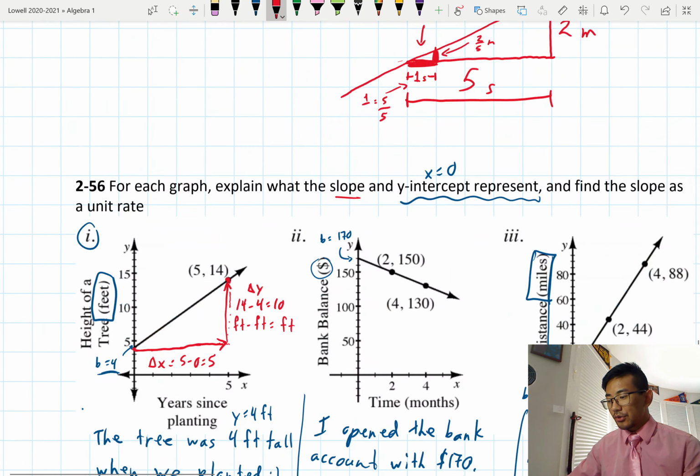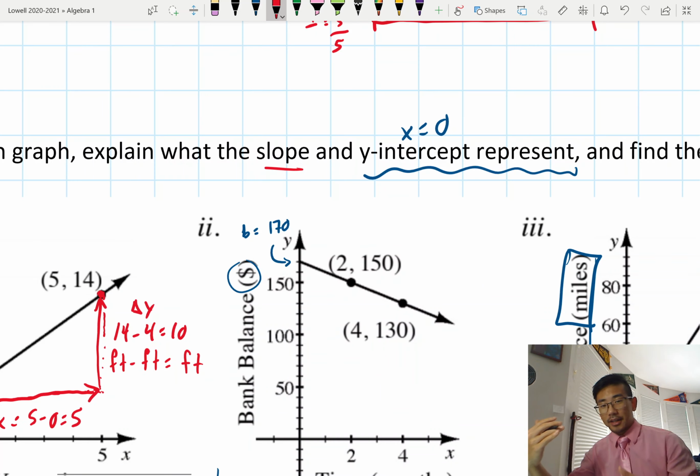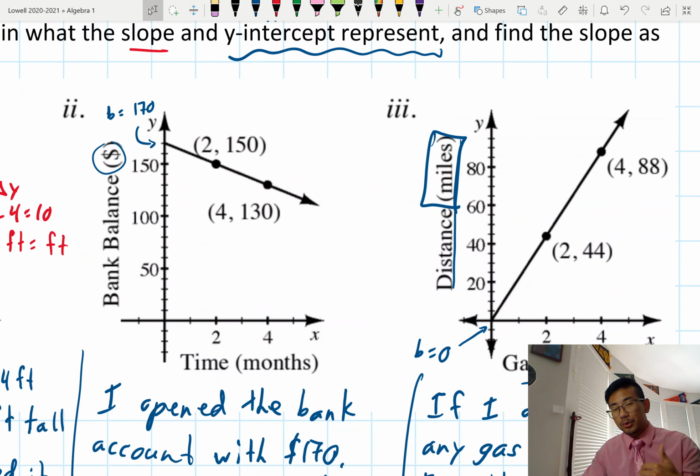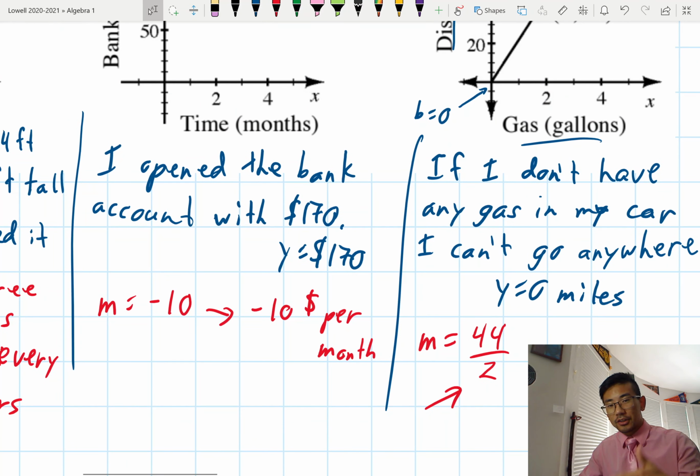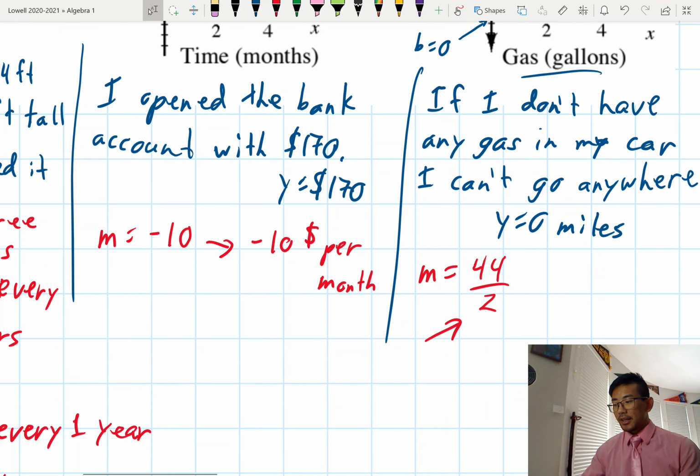Now again, if you looked at it like so, you would have said it went down $20 per 2 months, or $10 every 1 month. And so if it's negative, that just tells us that we're losing money. I lose $10 each month.